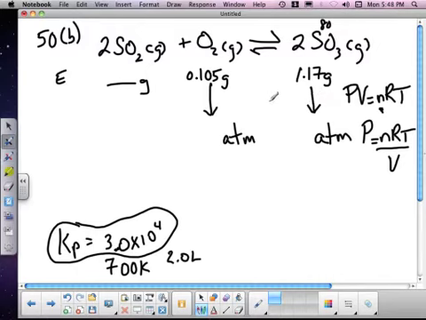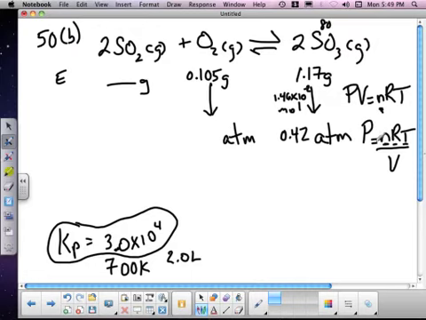And I'm just going to put it here as a number on my way to atmospheres. So it's going to be that number of moles times R times the temperature divided by volume. Okay? When I do that math, I get 0.42 atmospheres. Now, if you want to make sure you got that, then stop the video and make sure that you can get those number of moles and plug that in to get the pressure.